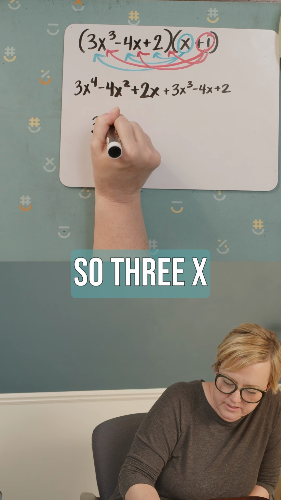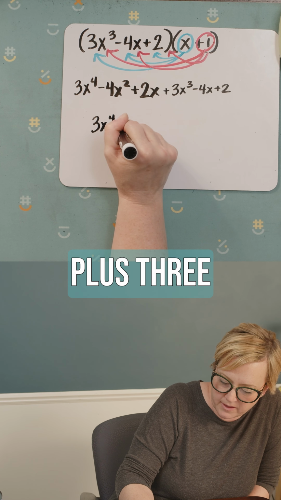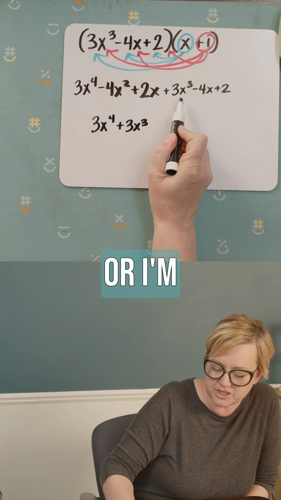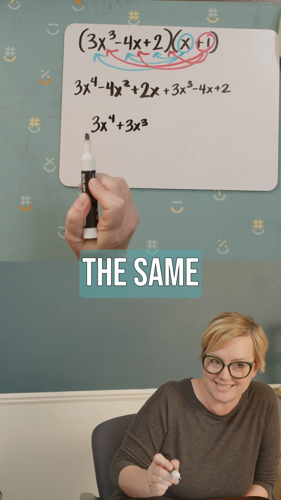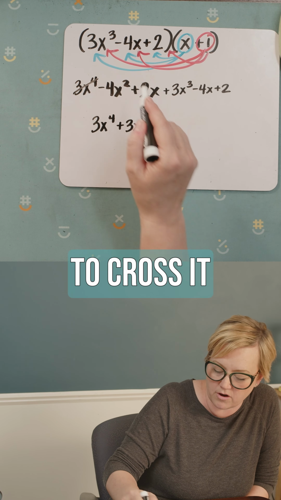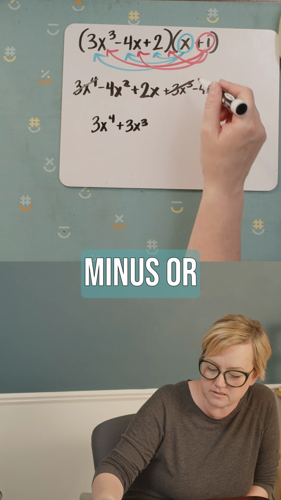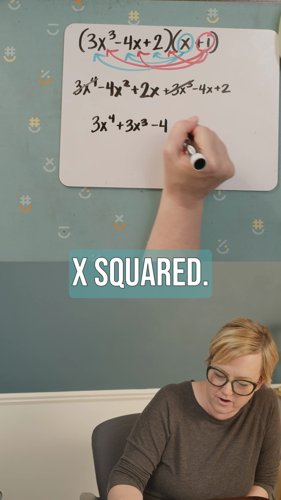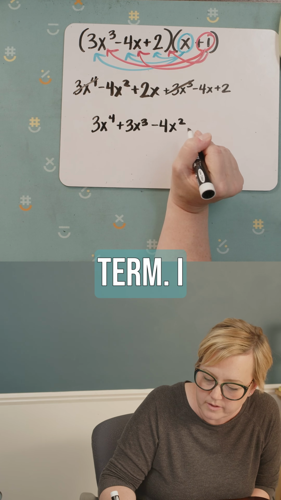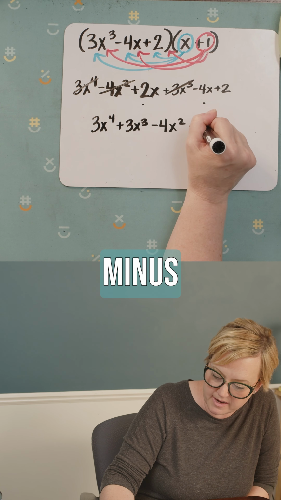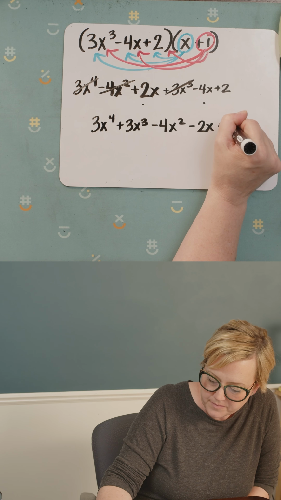I'm looking for the terms that have the same variable to the same power, right? So 3x to the 4th, I'm going to cross it off so I keep track of it, plus 3x cubed minus 4x squared. Do I really only have one squared term? I guess so. Okay. Plus 2x minus 4x, so that's minus 2x plus 2.